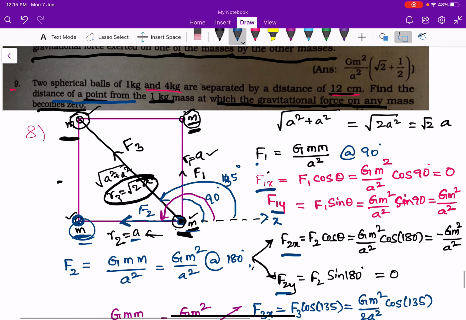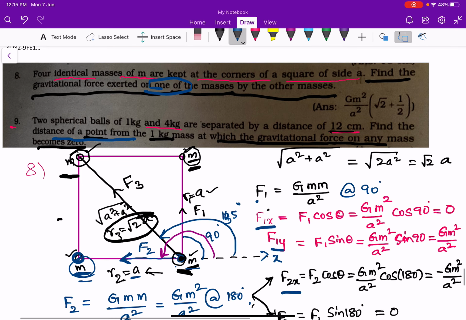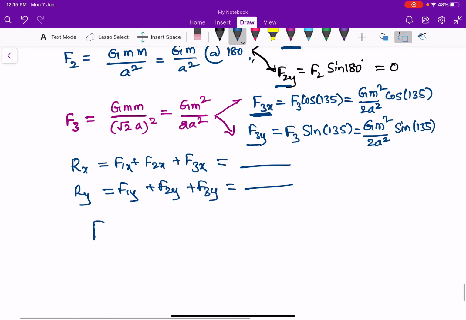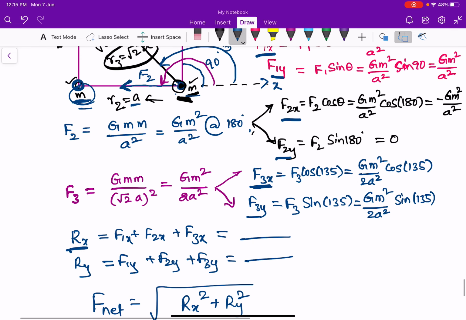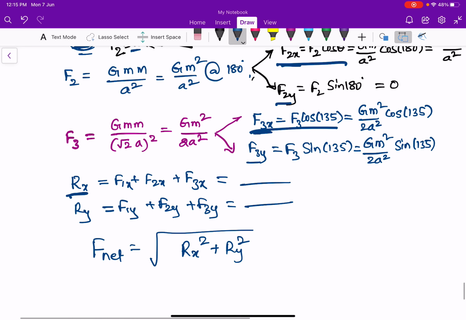He is asking to find out what? Find the gravitational force exerted on any one of the masses by the other three masses. So the net force is equal to under root of Rx square plus Ry square. You will get Rx by adding F1x, F2x and F3x.